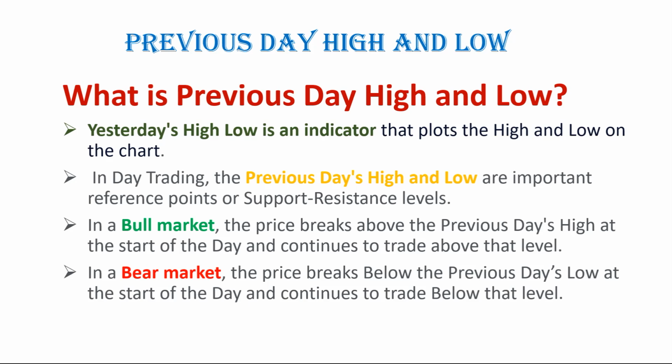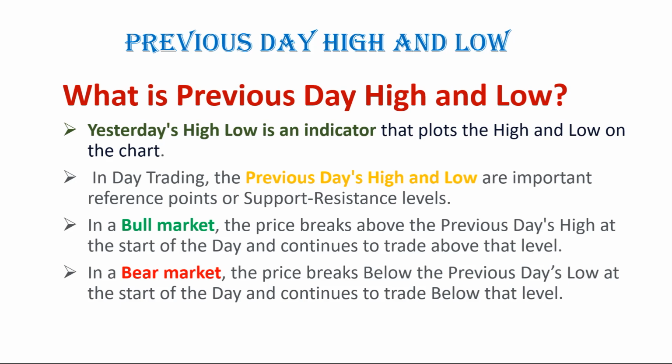Okay, so in a bull market, the price breaks above the previous day high, that is the resistance, at the start of the day and continues to trade above that level. So if it is a trendy day, we can see that the price is at the resistance, that is at the previous day high, and the price is breaking above it, and the price continues to move in the same direction.